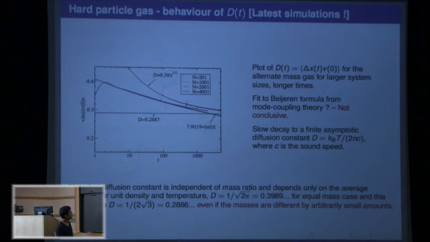Is the 0.39 coming from the ratio of masses? No. You are asking where this constant comes from? I have no idea, he just gave this number. The ratio of masses doesn't come in, in the D, definitely. In the prefactor, I can't say.